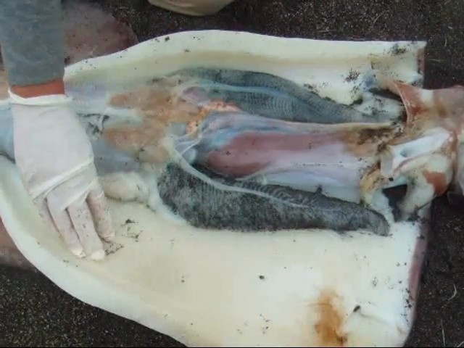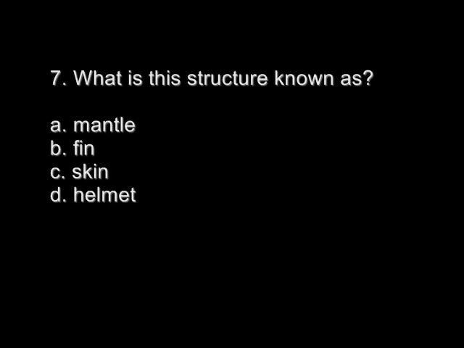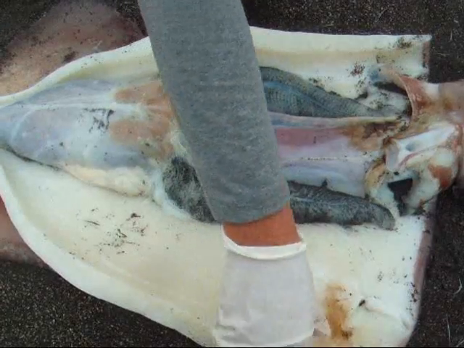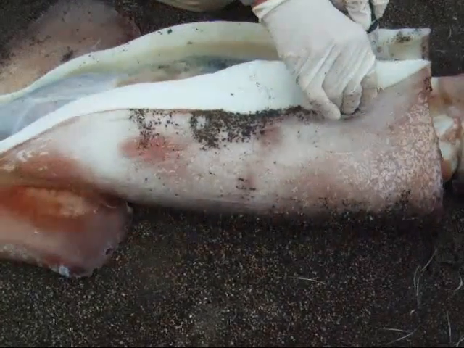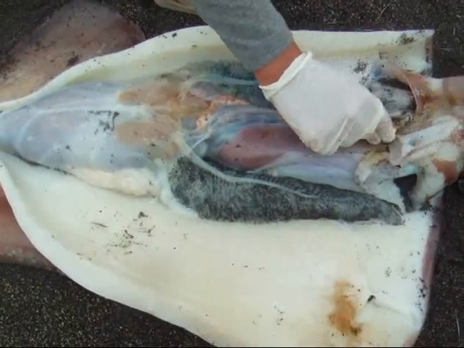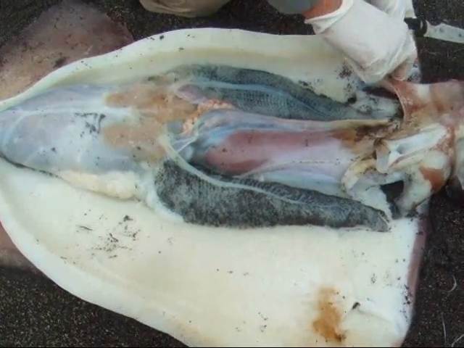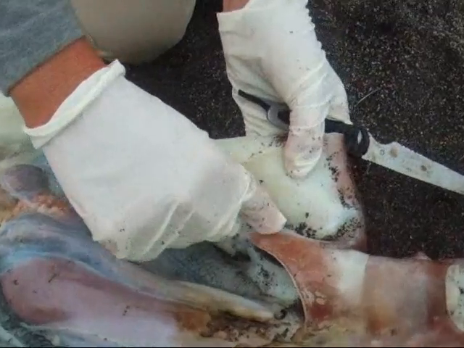What is this portion called right here? You can see that when it was closed, it actually attached right here. This is cartilage. There's another structure the same on this side.